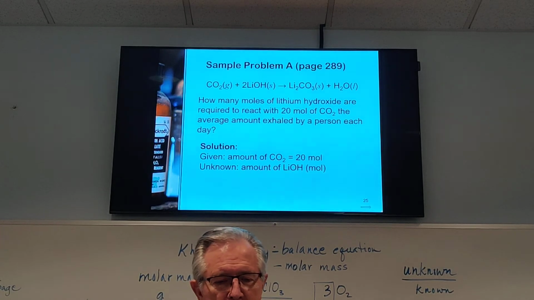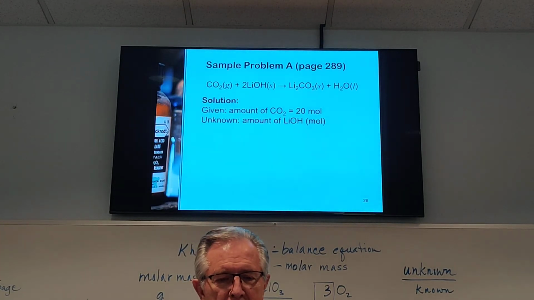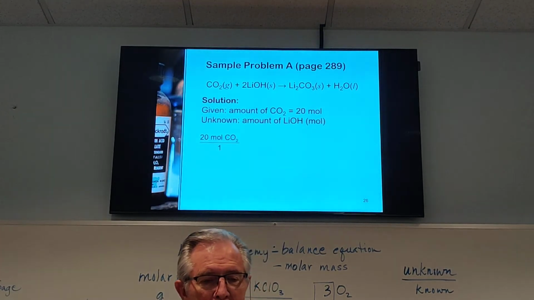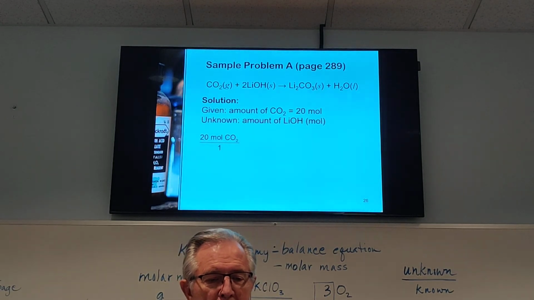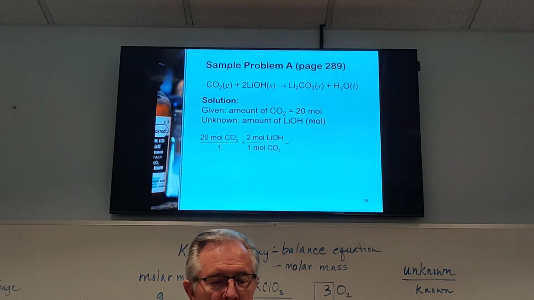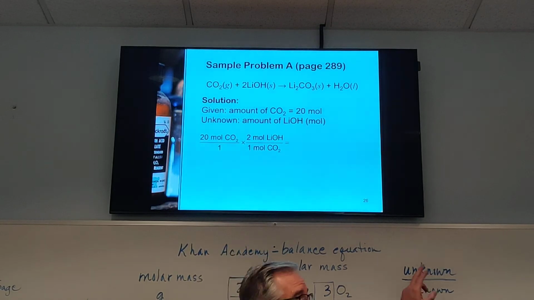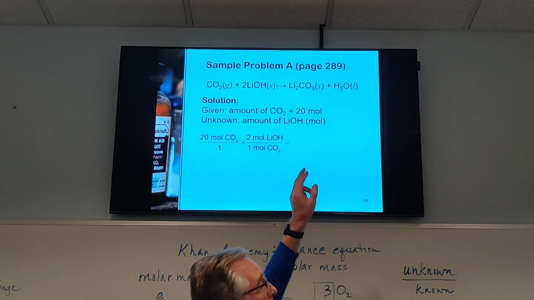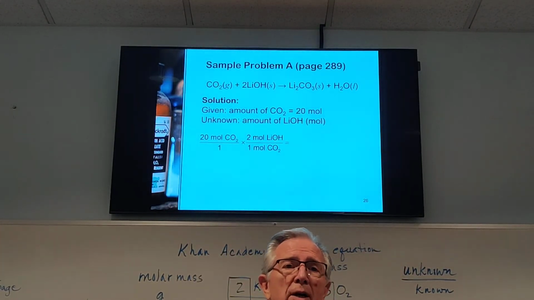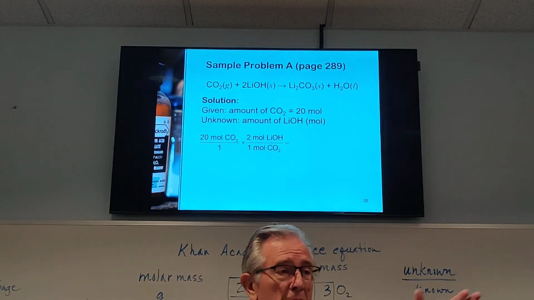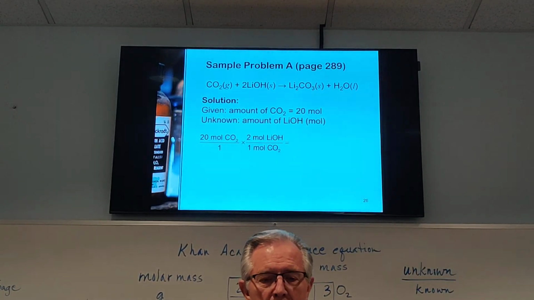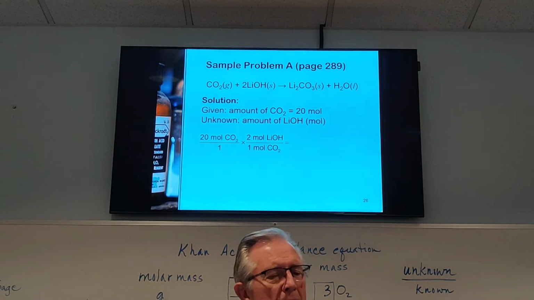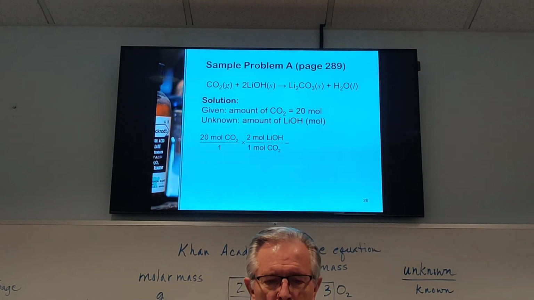So here's just listing your givens, your unknowns. Okay, let's actually solve this thing. So there's my 20 moles of carbon dioxide over 1, and then there's my conversion factor. Notice that I have my CO2 on the bottom and my LiOH on the top. And I just look at what the coefficients in front of it are. Here it still writes the moles, but you don't have to write the moles over moles.